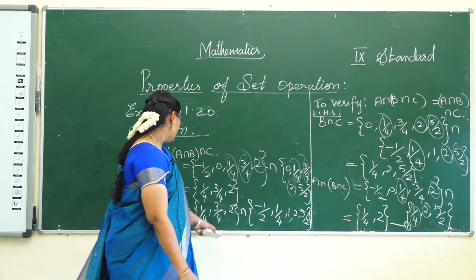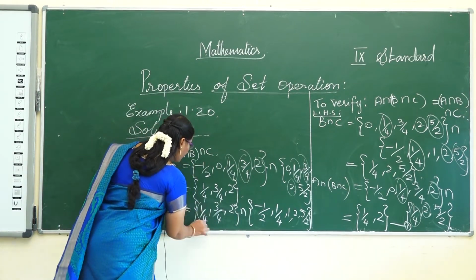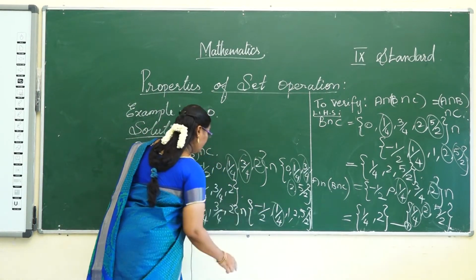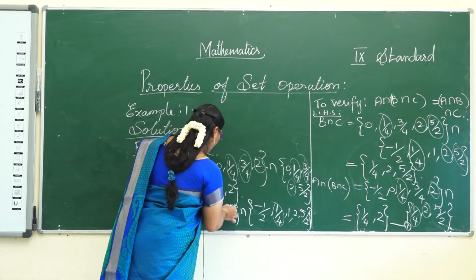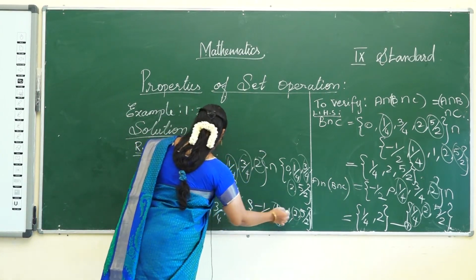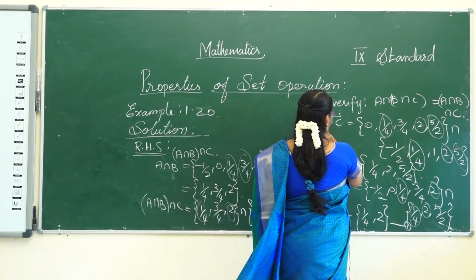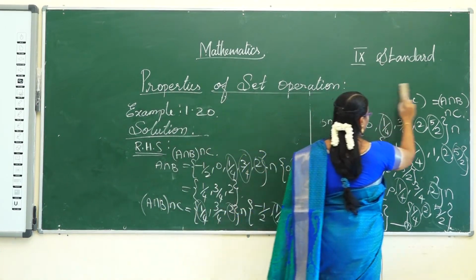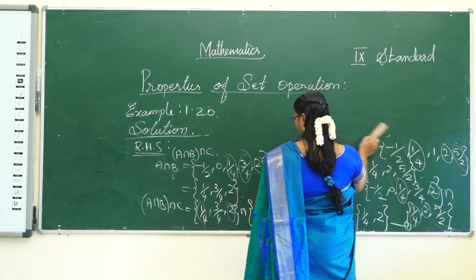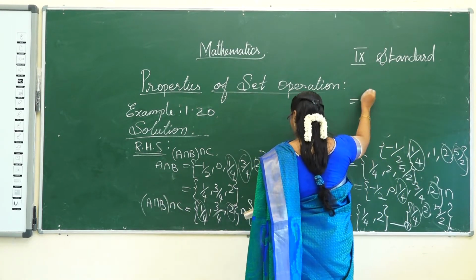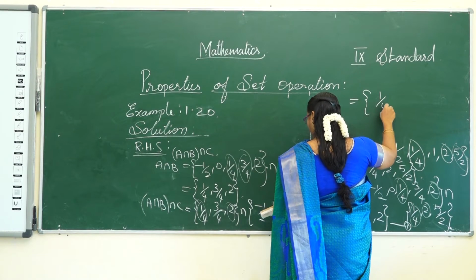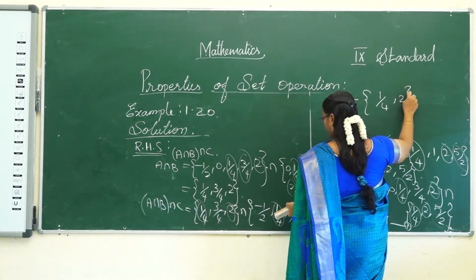Here which are the elements common? 1/4 and then 2. So (A intersection B) intersection C is equal to {1/4, 2}.